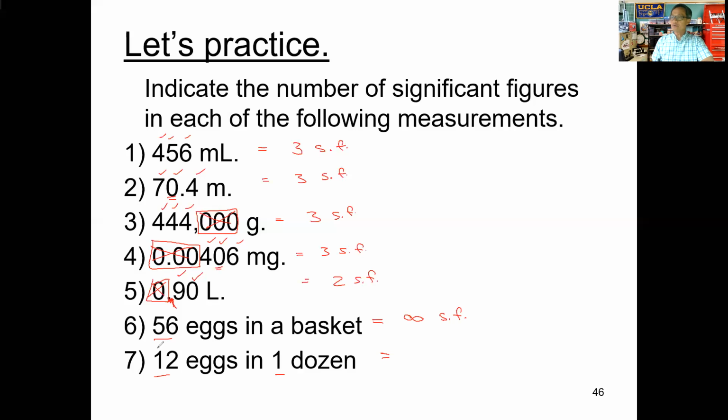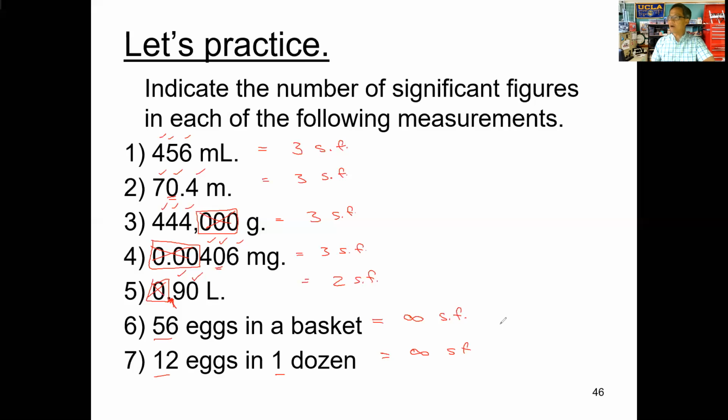So these 2 numbers are exact numbers. It's not 13 eggs for 1 dozen. I'm sorry, that's a baker's dozen, but that doesn't count. Whenever you have a dozen, the number 12 is associated with it. Not 11 and a half, not 12.1, but 12. So these are exact numbers, which means we have an infinite number of significant figures.